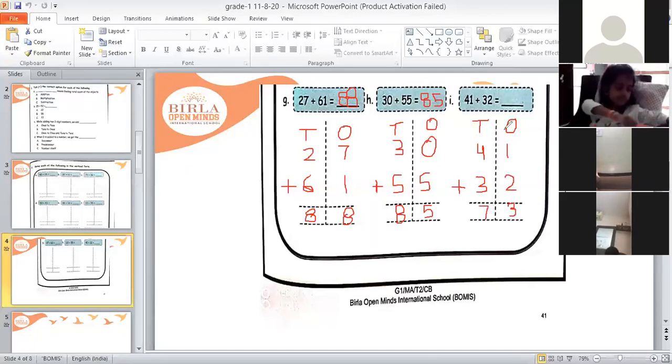So answer is, Ashita, read this number. 73. Yeah. Answer is 73, children. So we will write this answer here in this blank space. Very good, Ashrita.